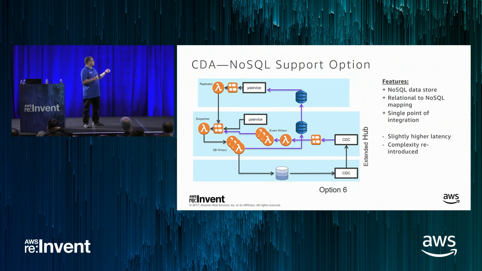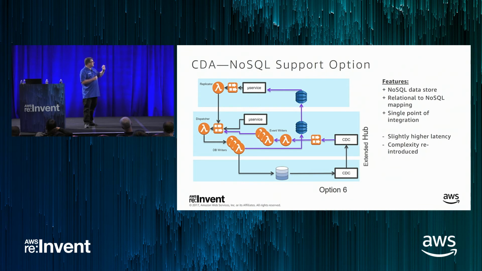The message is then read from the streaming data platform, and then based on the contents, the tables, the rows that are actually impacted by that change, it calls another, what we call event writer. And then the event writer pushes the message through to the same streaming data platform on the left-hand side that was used by the write process. The dispatcher then picks it up, passes it to the DB writer.